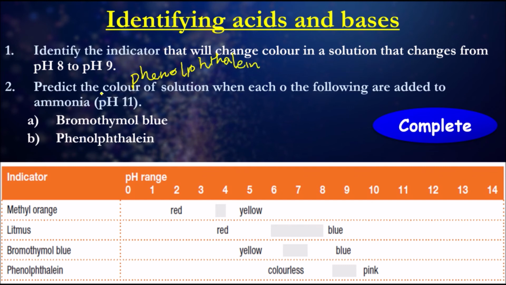And then question 2, it says predict the color of the solution when each of the following are added to ammonia. So if we have ammonia, which has a pH of 11, what would we get? If it's bromothymol blue here, it would be blue.